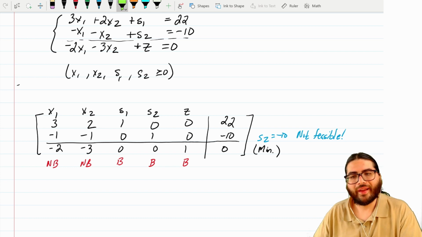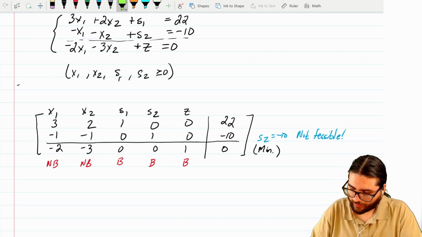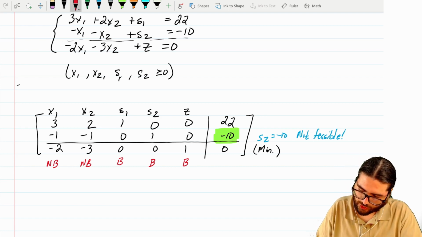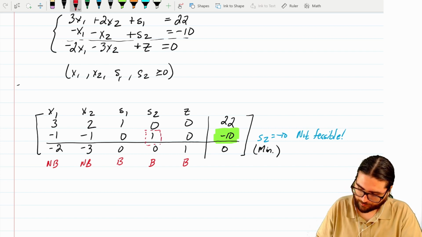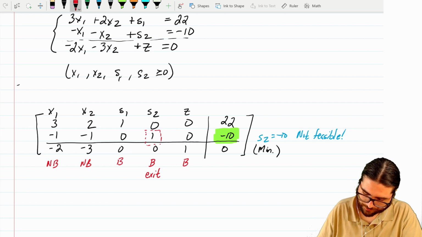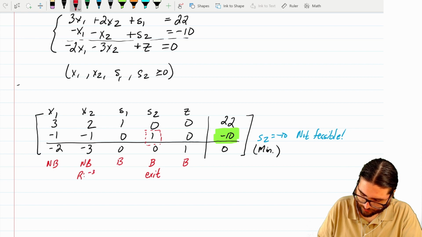So to step back towards feasibility, I'll pick the biggest negative number, and again, there's only one. Makes my job a lot easier, which means the pivot which I'm about to destroy is this one. My exiting variable is S2. I'm about to break that one. My entering depends on my ratio. My ratio here is 3.